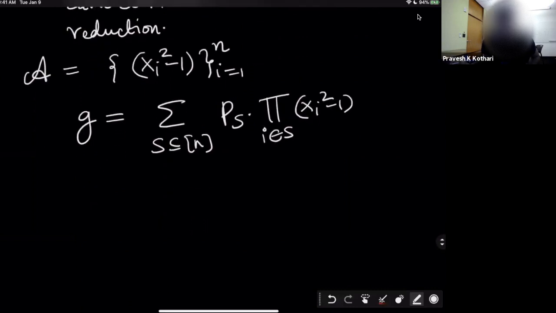And in the definition we just made, the PS were supposed to be SOS polynomials, but here I claim that the PS could be arbitrary polynomials. Can somebody point out again why I can think of PS as arbitrary polynomials?